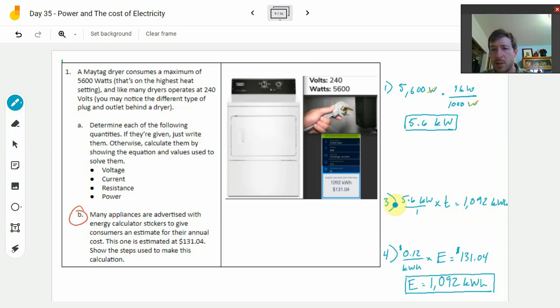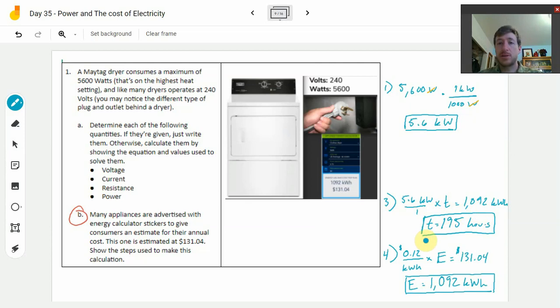If we divide both sides by 5.6 kilowatts, we should get that the time we actually used it ends up being 195 hours. So this is projecting that you'd use it for 195 hours.